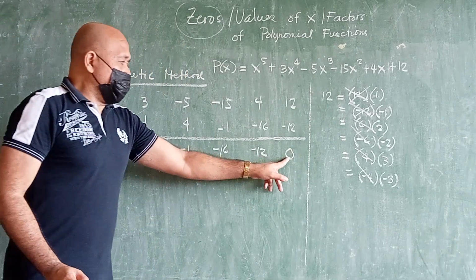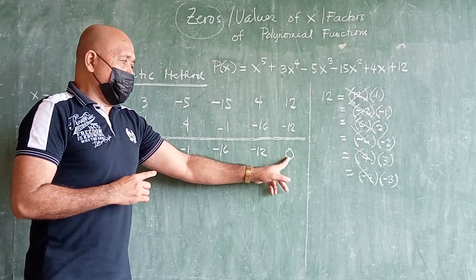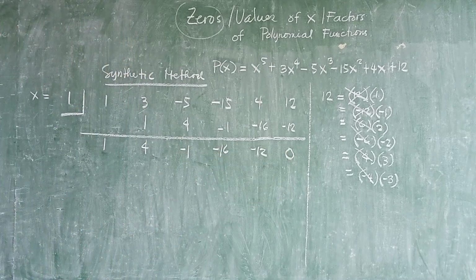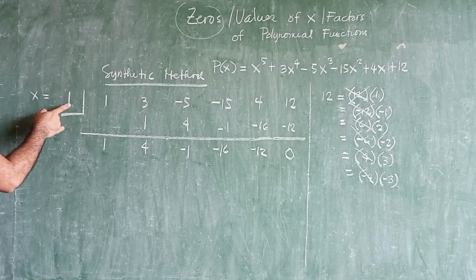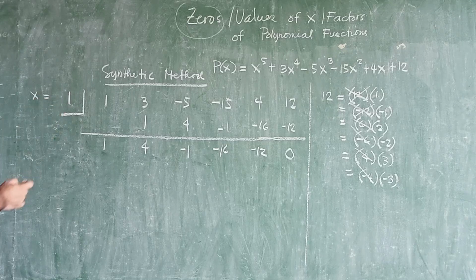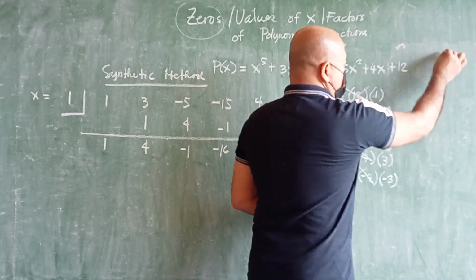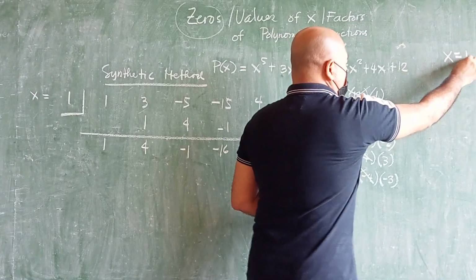When the last part, considered as remainder, is equal to 0, then you can conclude that x equal to 1 is exactly one of the values that we are looking for. So that means you have now one of the values of x which is equal to positive 1.